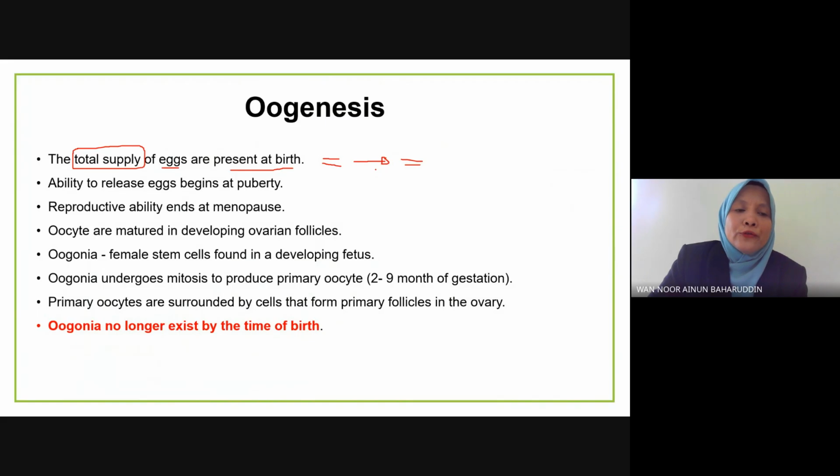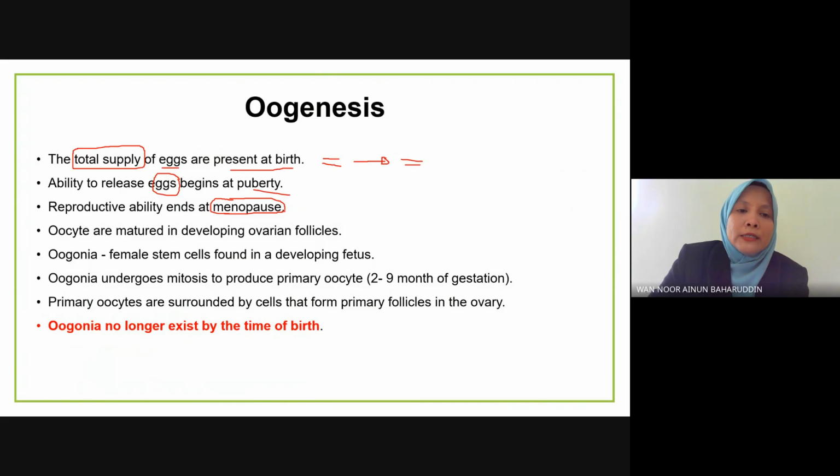Then the ability to release eggs only begins at puberty, and it ends at menopause. This is what differs from males, because males do not have menopause, but women do.